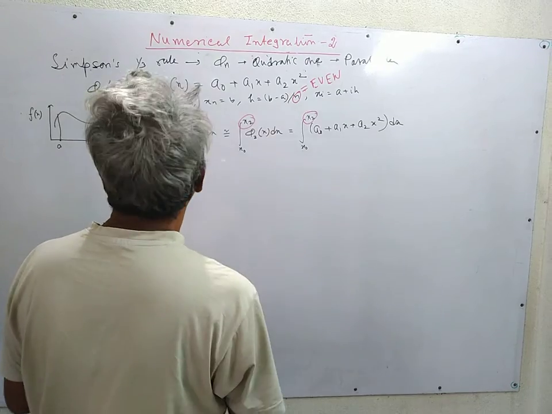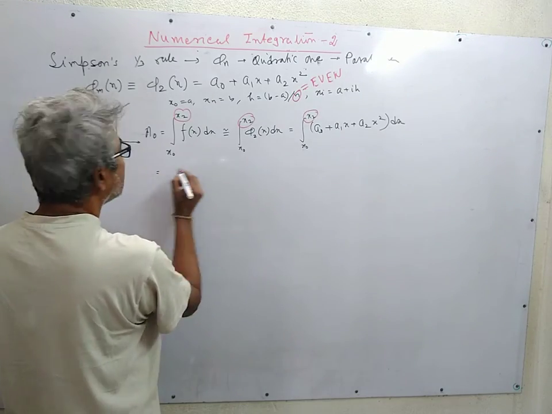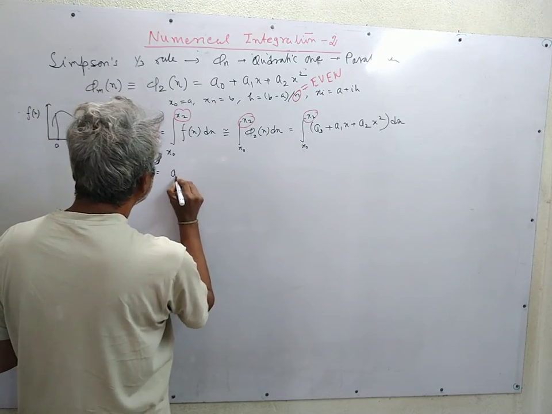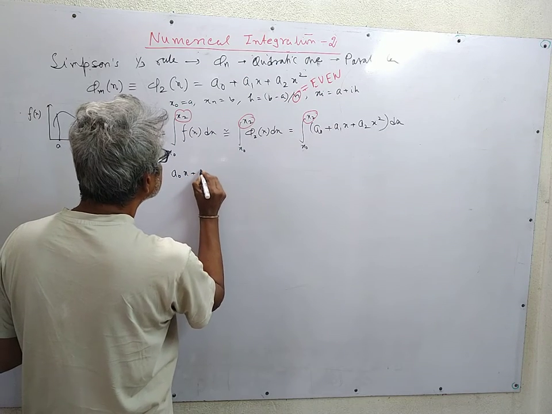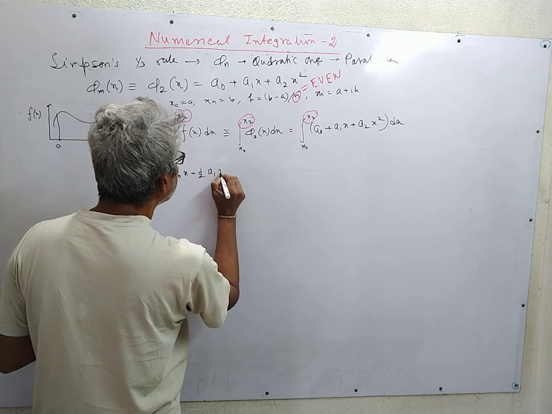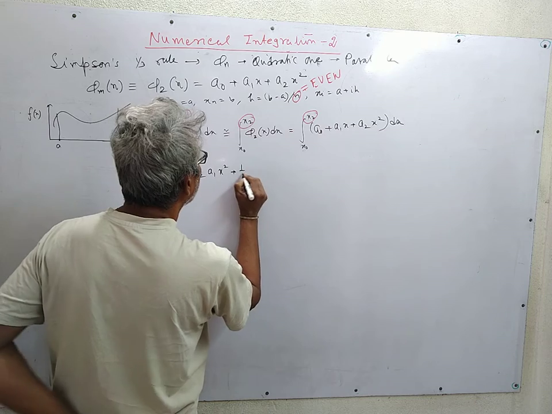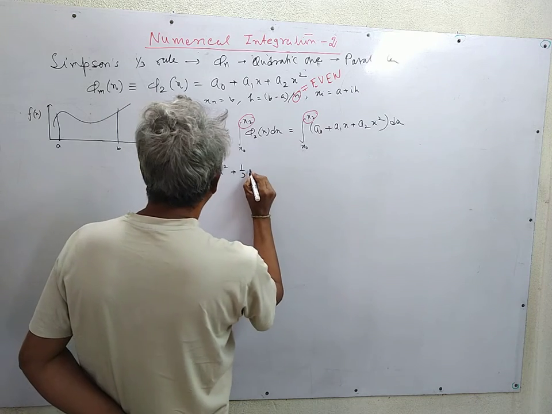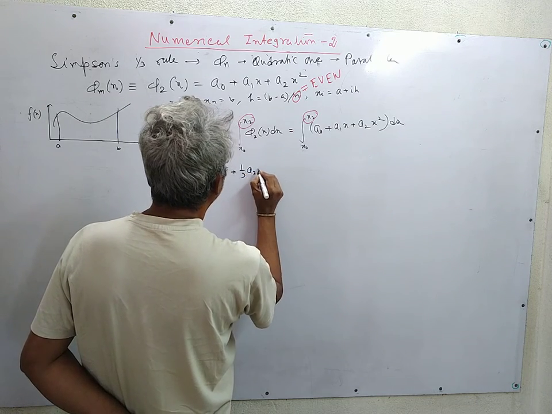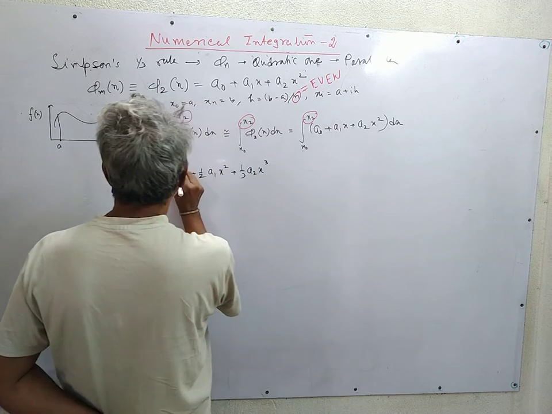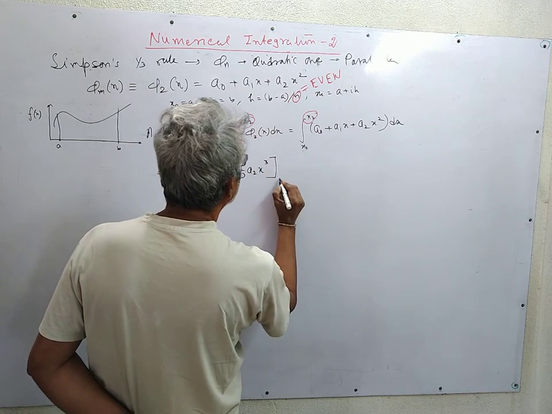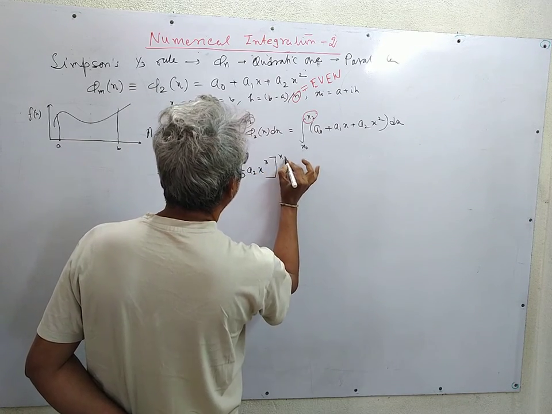So if we integrate this, we get a0x plus half a1x square plus 1/3 a2x cube between limits x0 to x2.